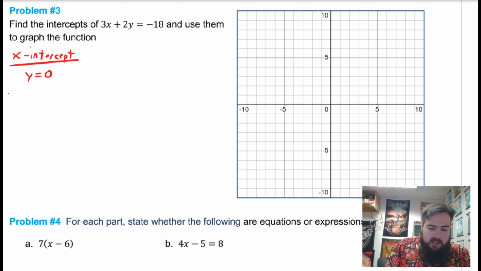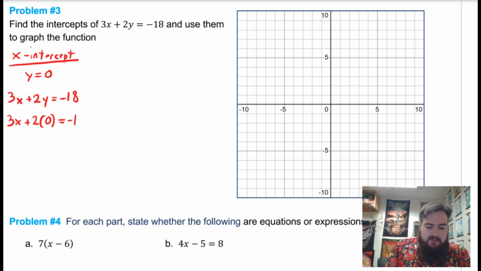If I do that for my equation, 3x plus 2y equals negative 18, plug in 0 for y, I will get 3x plus 2 times 0 equals negative 18. Intercepts tend to be very convenient to solve for because when you plug in 0, 2 times 0 here will just nullify out and make 0.